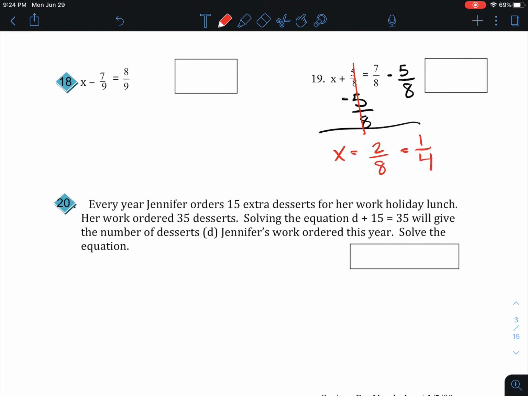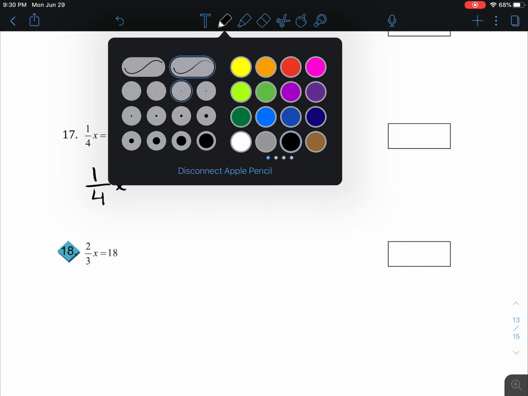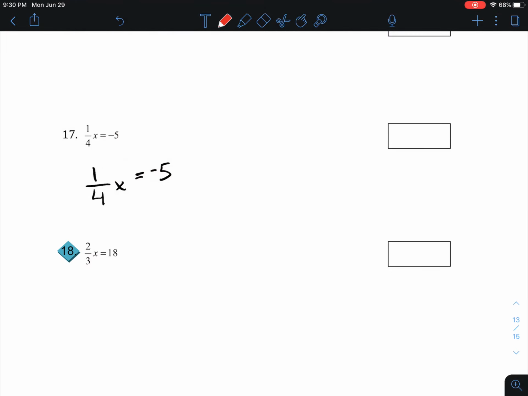18, we have 2/3 x equals 18. This is also something that we've done, but I will do another example with 17. So if I have 1/4 x equals -5, I'm just going to multiply by the opposite of 1/4, or by its reciprocal, which is the mathematical term for it. So the opposite of 1/4 is just 4/1. You just flip it.